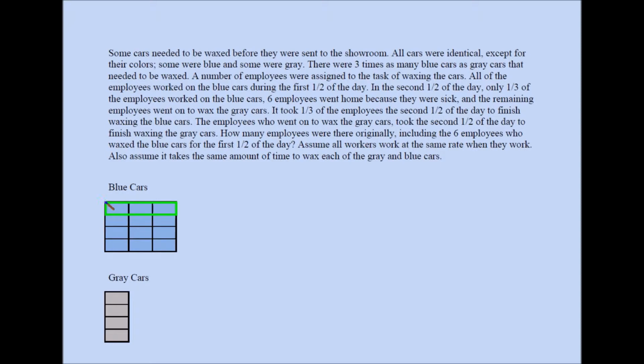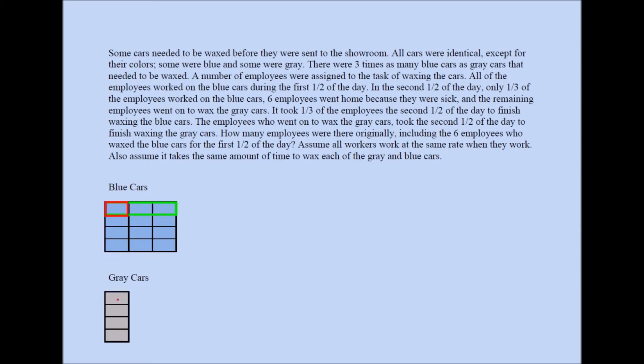Each little piece represents what 1/9 of the employees can do in half of a day. Each little piece of this large blue rectangle is the representation of what 1/9 of the employees can do in half a day, and you really have to get it.